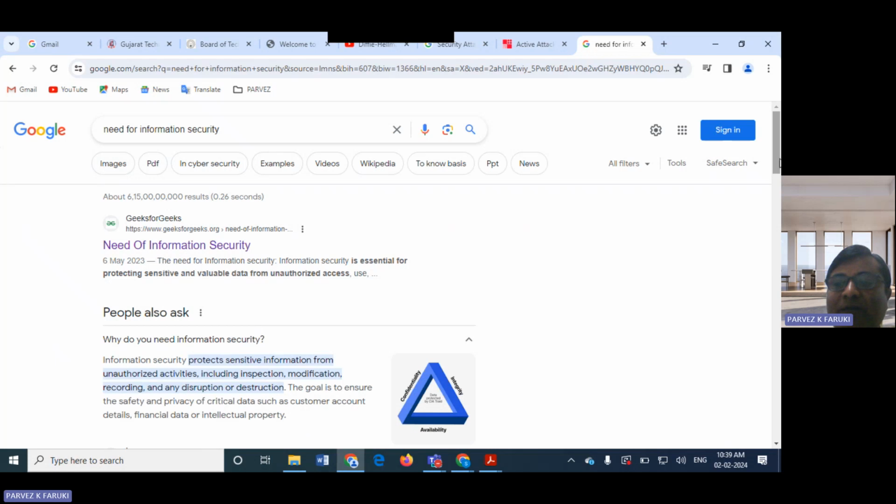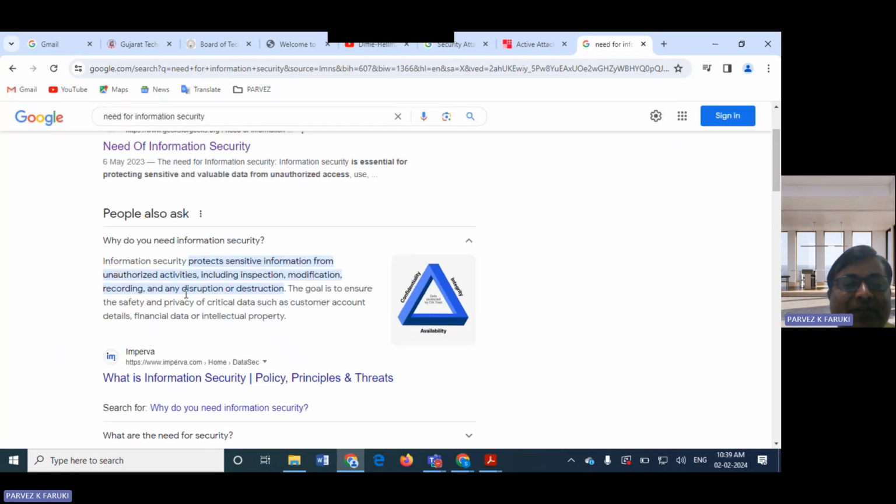Why do you need information security? Information security protects sensitive information. Now, what do you call sensitive information? Sensitive information is some information that is private to the users.